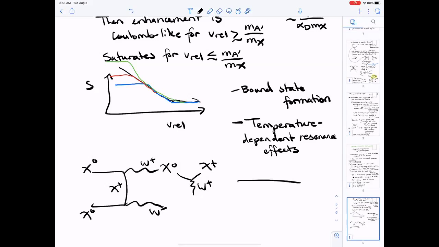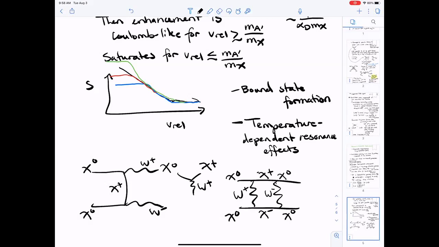But for sufficiently heavy Winos, there is a potential that looks like this. If the W is sufficiently light relative to the dark matter, exchanges of the W mediate a long range potential between Wino dark matter. So that's a case where the processes are different.